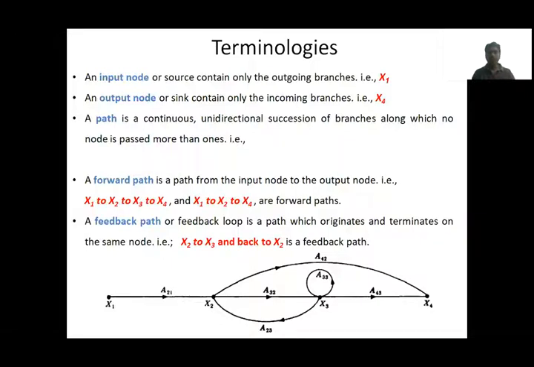That is called a path. In this example, this is a path from x1 to x4. In the middle, x2 and x3 also occurred, but these two nodes occurred only once. That is a path.